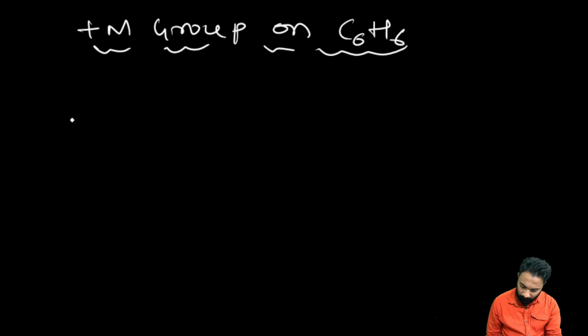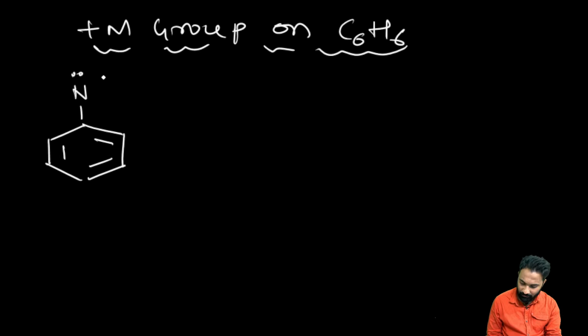An example of a plus M group I was taking is aniline. Now this is the aniline.